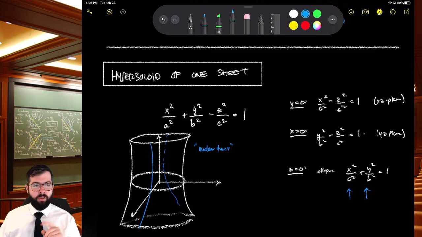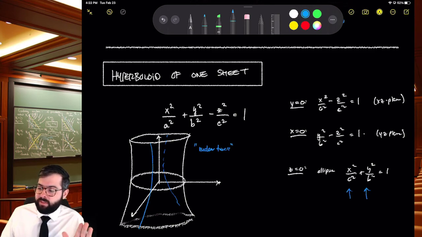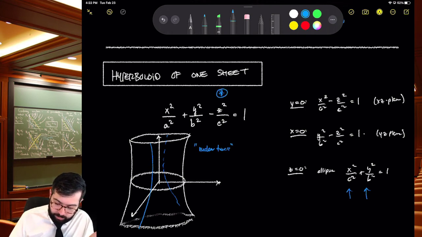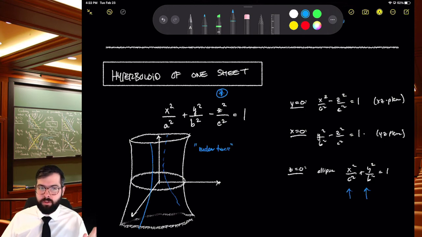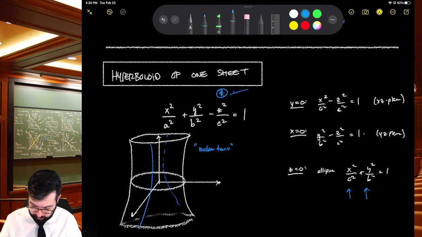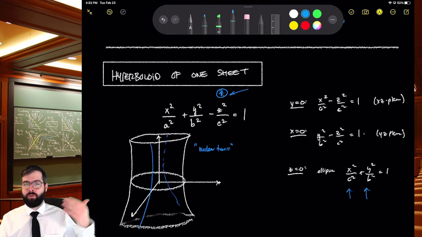Couple things to note here, and this is something that I meant to highlight with each of these, and I haven't. Okay, so I want you to make a little asterisk here. I've given you one version of each of these surfaces, right? But I said earlier that the order in which these terms appear depends on what axis it's lying on, the way that it's oriented, right? So I just gave you this as x squared plus y squared minus z squared.